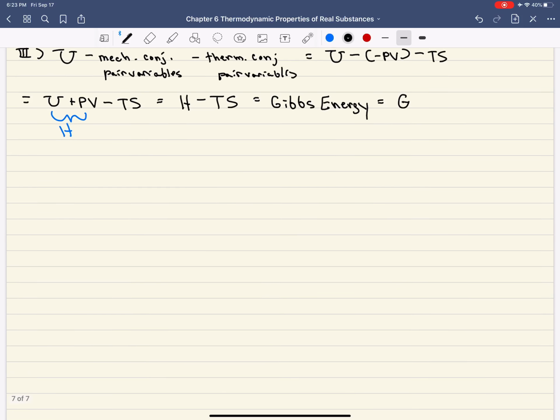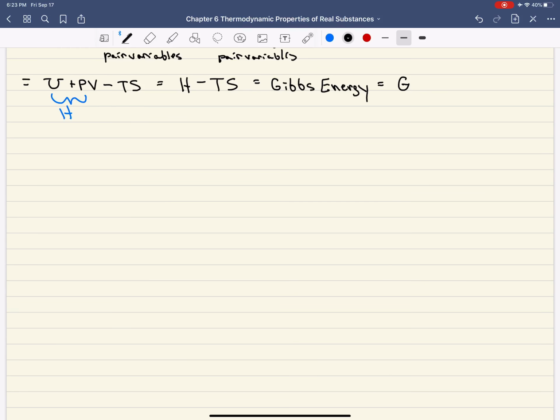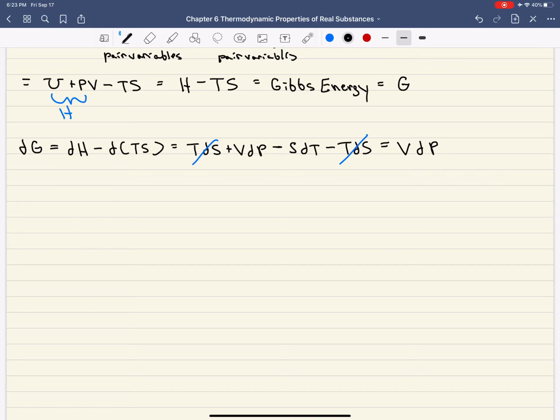Okay. All right. And so if we take the total derivative of G, that's going to be dH minus d(TS). For dH, from our first Legendre transform, we know that's equal to TdS plus VdP. And then if we take the derivative of TS, we get minus SdT minus TdS. The TdS's cancel, and what we get is that the fundamental equation for the Gibbs energy is VdP minus SdT.